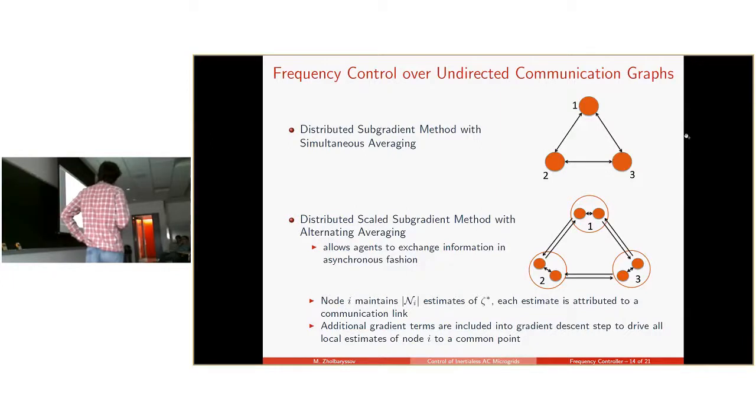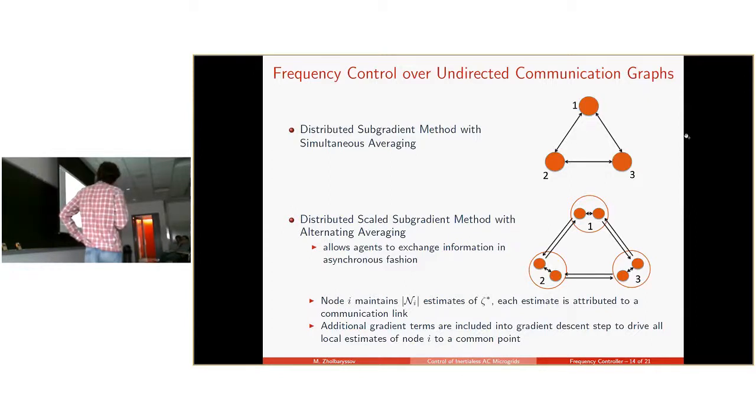Note that the estimate which corresponds to link 1,2 is updated by performing averaging with only node 2. It doesn't perform averaging with node 3. And here, similarly, we have averaging with node 3, but we don't perform averaging with node 2.